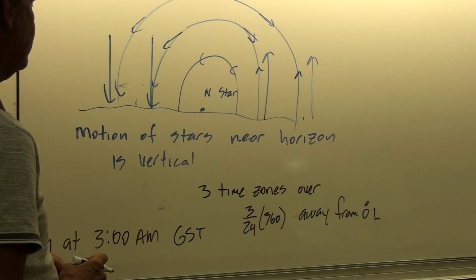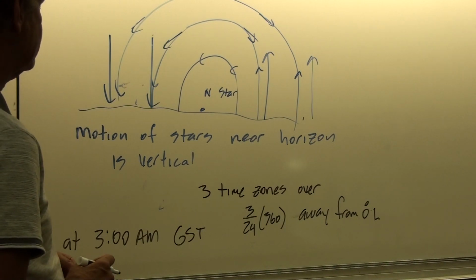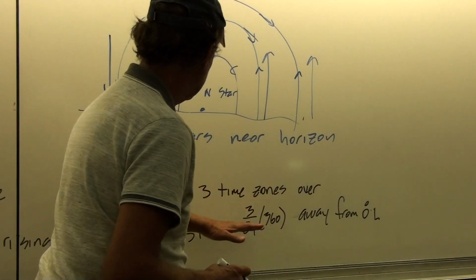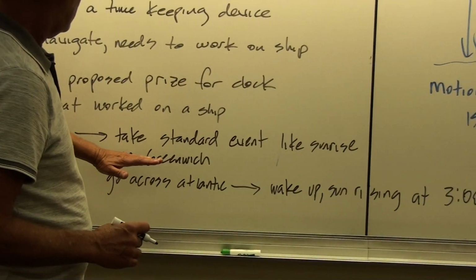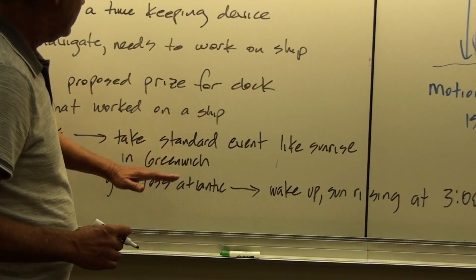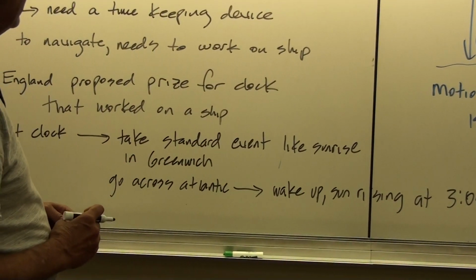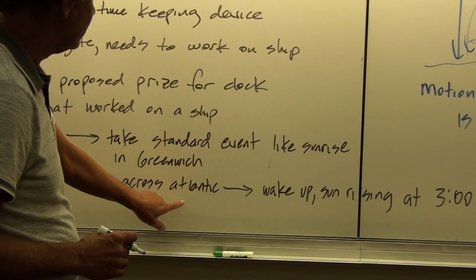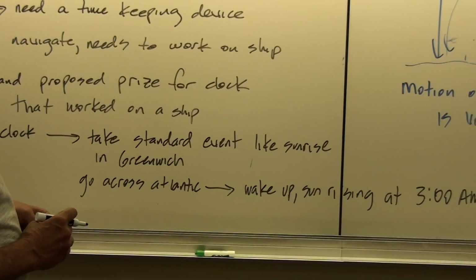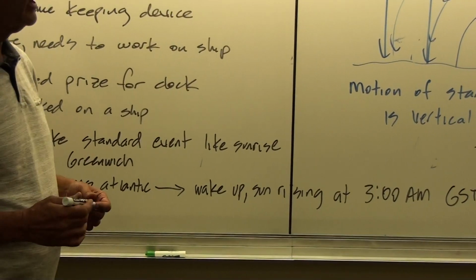Okay. And so that's the way that we work that out in terms of time zones, basically measuring how much time has shifted from our standard event to where we're at in order to get the number of time zones.